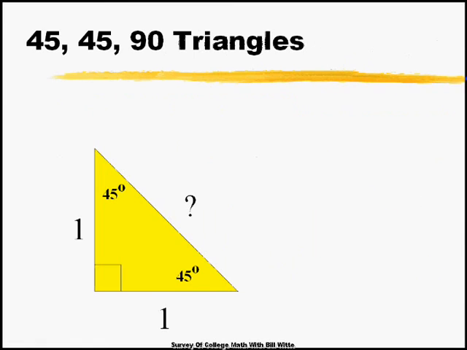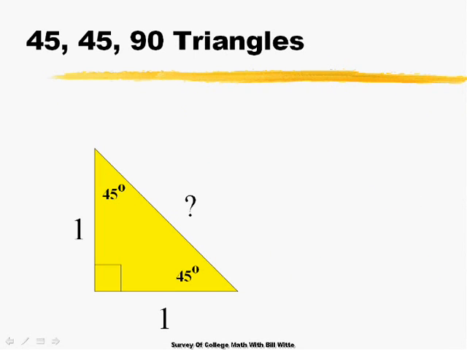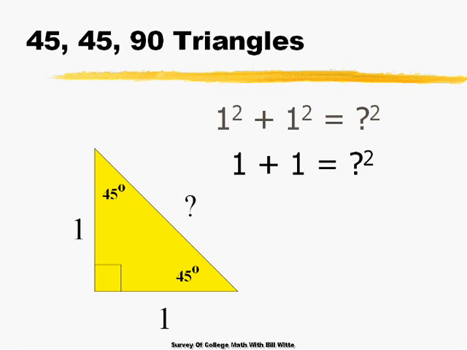And we have other special triangles I want to look at. Now here's a special right triangle where the legs are the same. It's going to be what we call the 45-45-90 triangle. Now we can use the Pythagorean theorem to always find out what the ratio of these three sides will be. Of course, 1 squared plus 1 squared, or 1 plus 1, is 2.